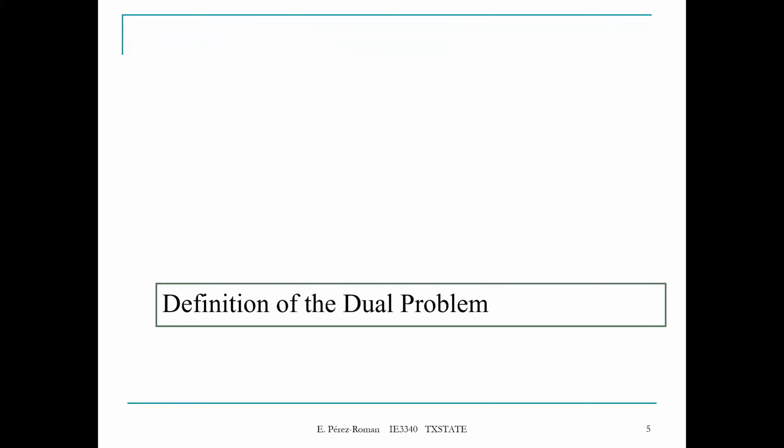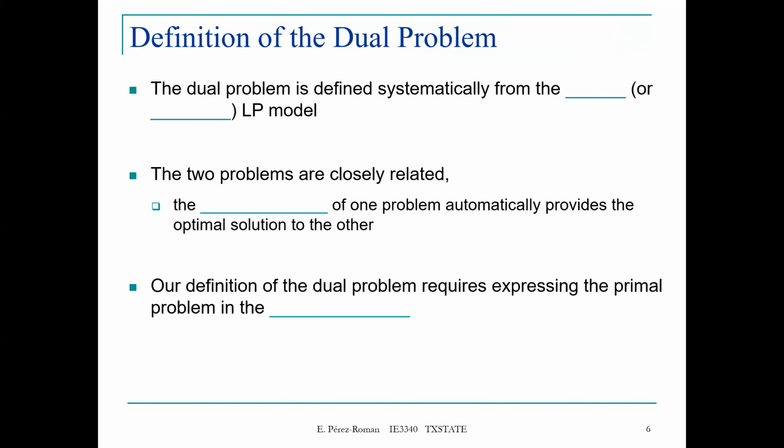So let's start with the definition of the dual problem. The dual problem is defined systematically from the primal, or the original linear programming model. So basically, you are given a problem, you understand that linear programming is a tool that you can use to solve that problem, and you formulate the model for that problem.